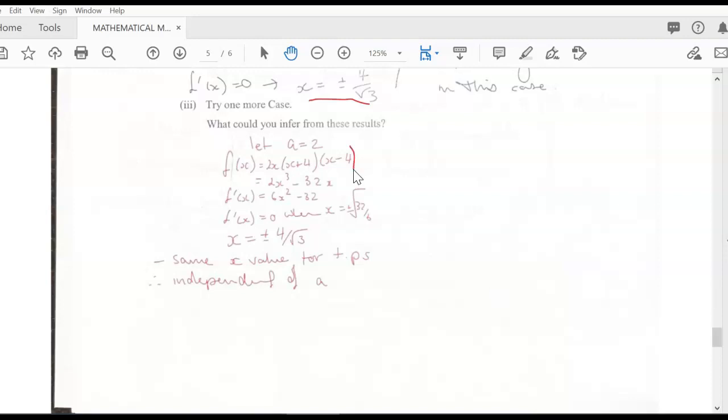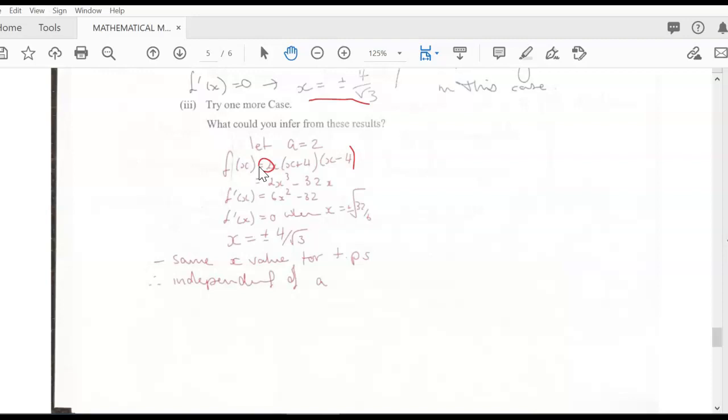Because a is now equal to 2, we get the same x value for the turning points. That is independent of what a is equal to. So you could probably assume that any value of a, you would still get the same.